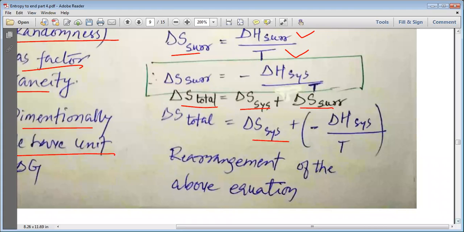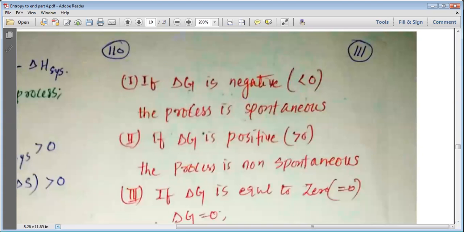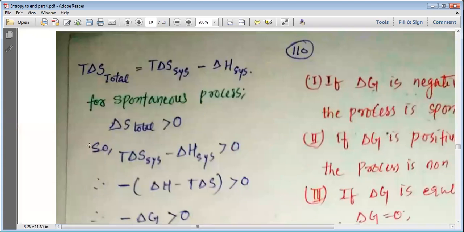So rearranging the above equation, we just write the equation once again, and then we come to know that T delta S total is equal to T delta S system minus delta H system. How is this? Suppose you have delta S total equal to delta S system minus delta H system by T.